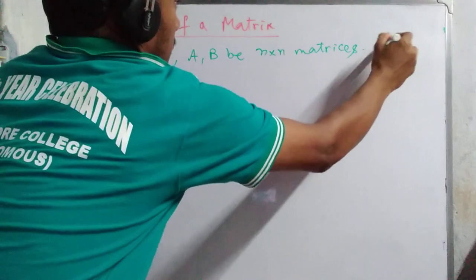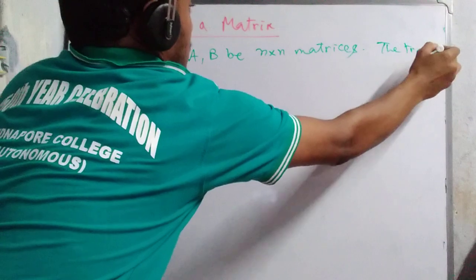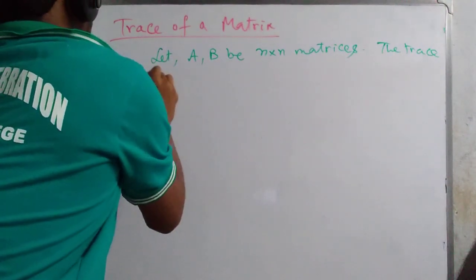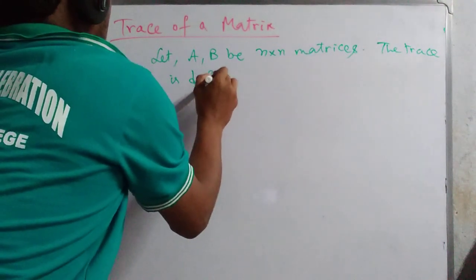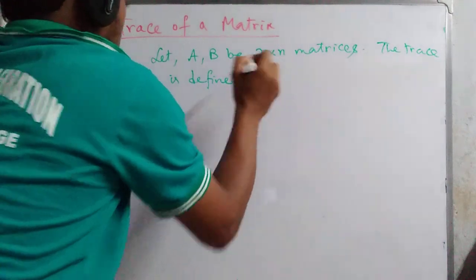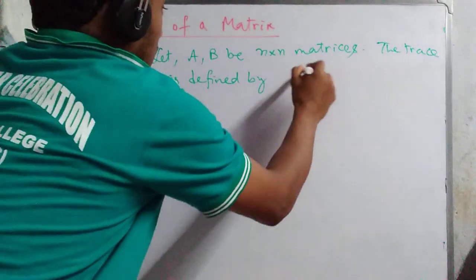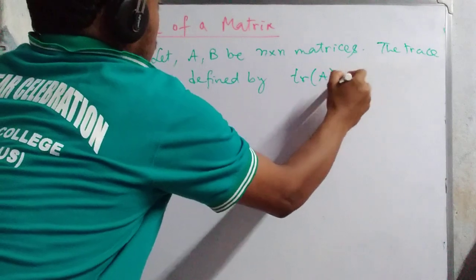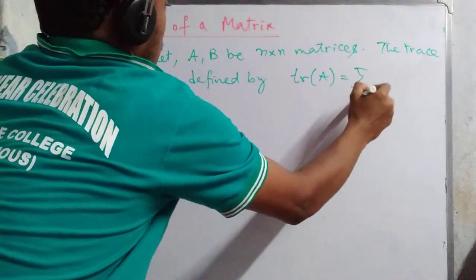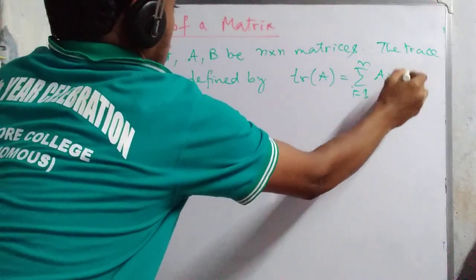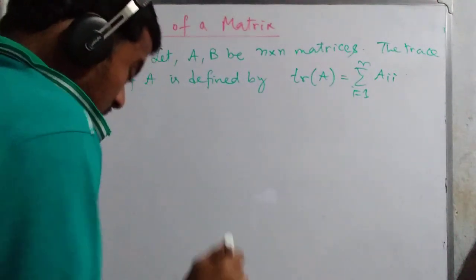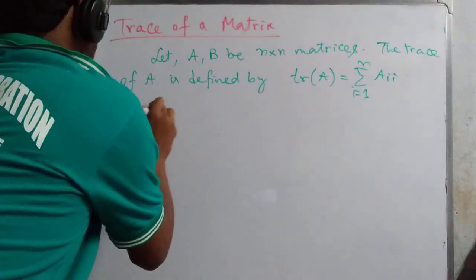The trace of A is defined by trace of A equal to summation i equal to 1 to n of a_ii.